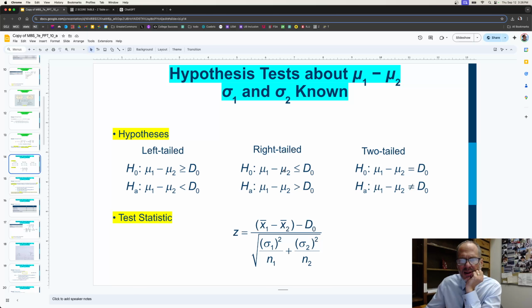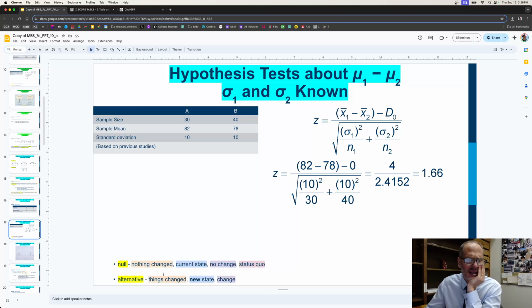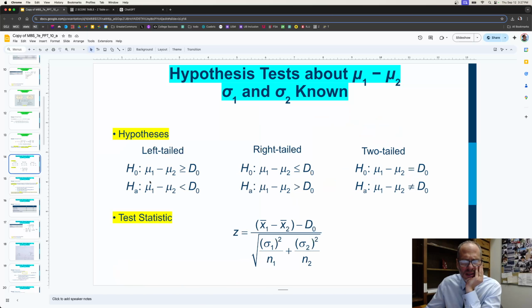Equality, greater than or equal to, less than or equal to, is always in the null hypothesis. A rule of thumb: it's the current state, the status quo, nothing's changed, and it's also where equality is.